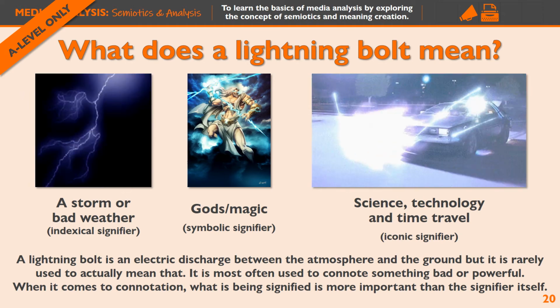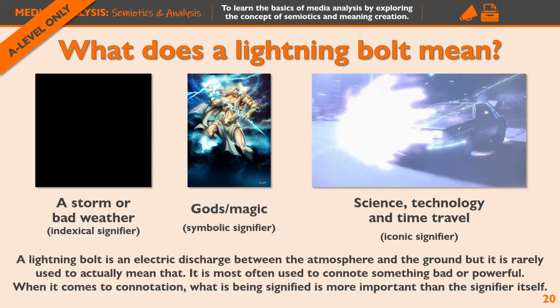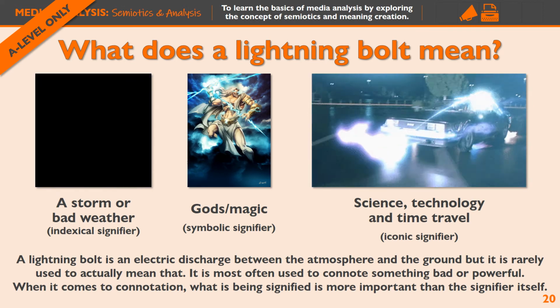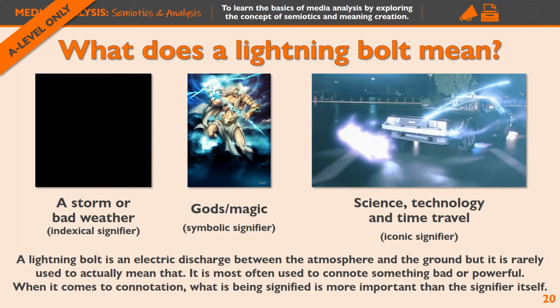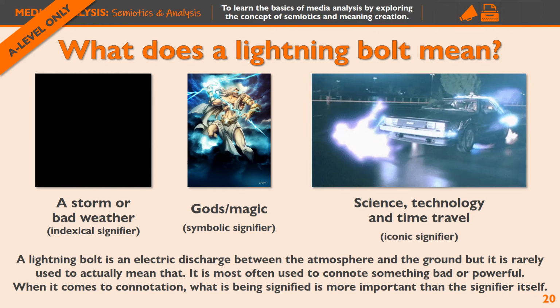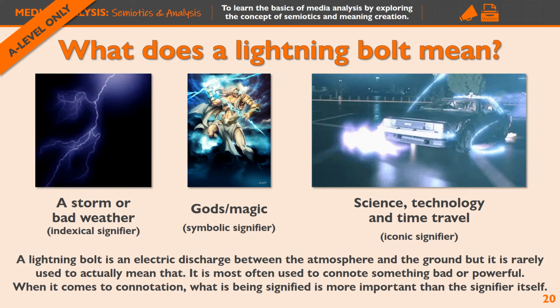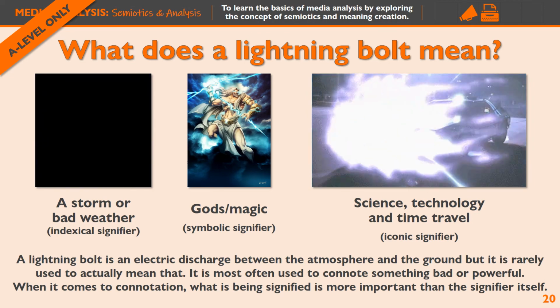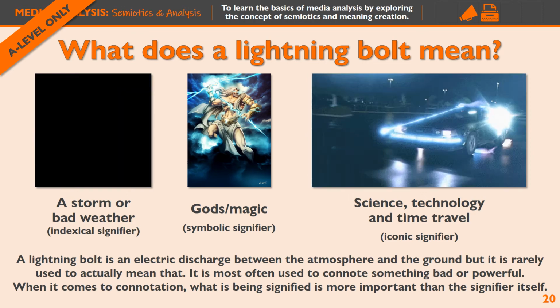However, if you see a lightning bolt in the hands of a muscular man in the clouds, and he looks like a god with glowy eyes, then the lightning bolt can be a symbolic signifier of magic. So the lightning bolt can still signify magic and power and gods, but in this case it would be symbolic because there is no real link between the idea of magic and gods and lightning.